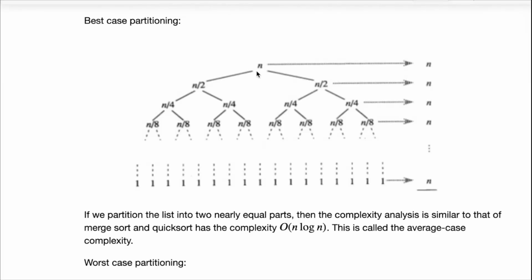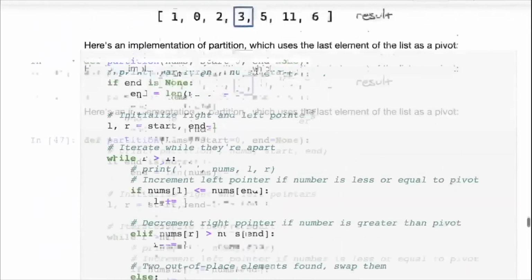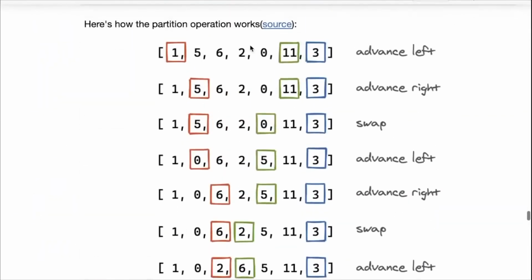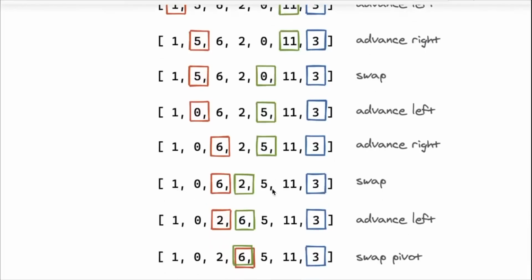I would say that the number of comparisons is equal to the size of the actual list. And you can see that here. We are going on comparing numbers like this. We are comparing each number to the pivot. So each number gets compared to the pivot exactly once, roughly. And that means that there are a total of n comparisons if n is the size of the list.